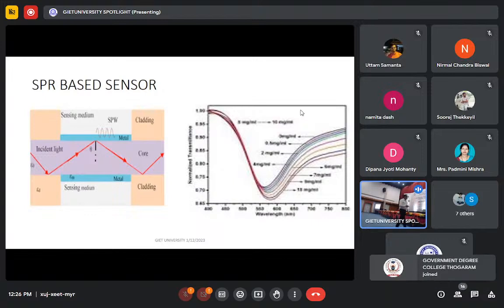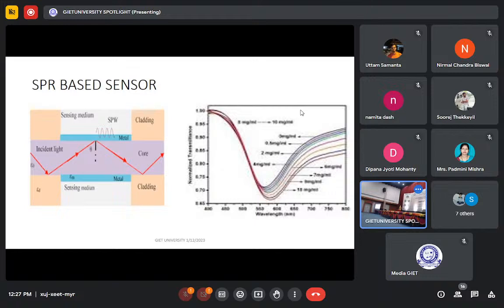So for a particular wavelength of the incident light, there is a possibility of resonance, and when this resonance takes place, there will be maximum absorption, and the transmission will drop. This will take place for a particular wavelength or particular frequency.